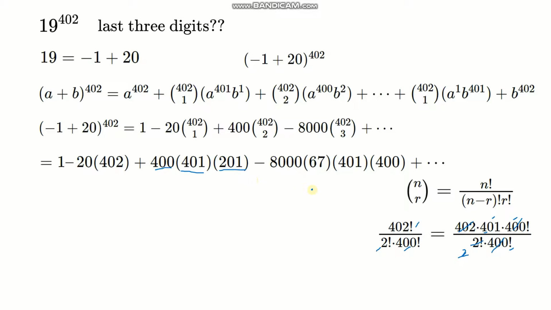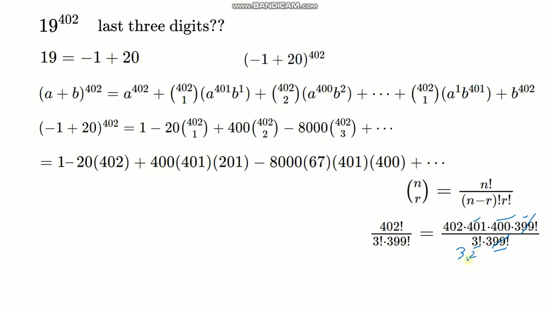Okay, we already know the process. 402 taken 3 is the same as 402 times 401 times 400 times 399 factorial over 3 factorial times 399 factorial. The 399 factorial cancels out. 3 factorial is the same as 3 times 2 equals 6. So 402 is divisible by 6, and 402 divided by 6 is 67.